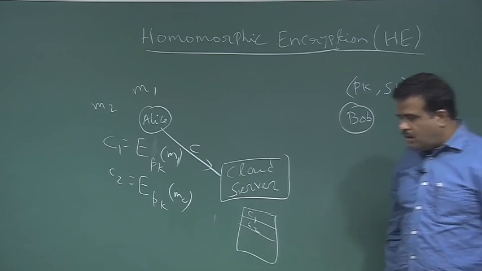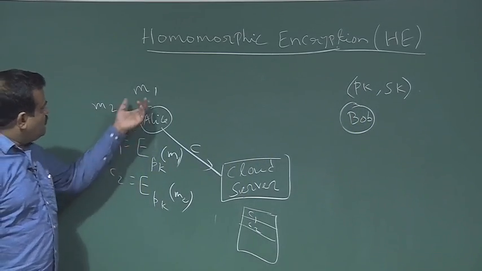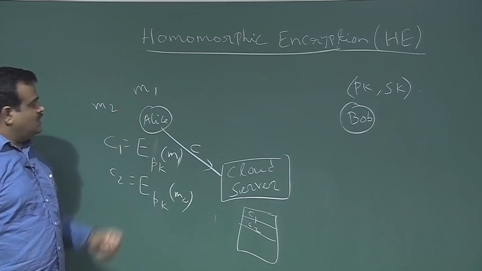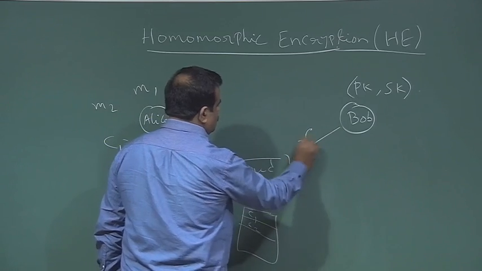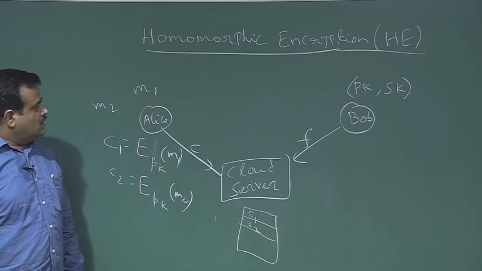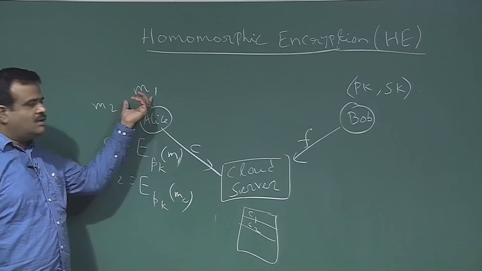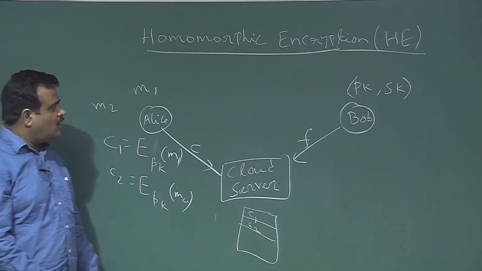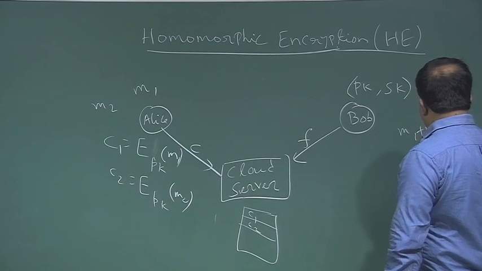Now suppose Bob needs information about M1 and M2. So Bob will send a function to the cloud. Suppose Bob does not require the full messages M1 and M2, but requires, say, M1 plus M2.